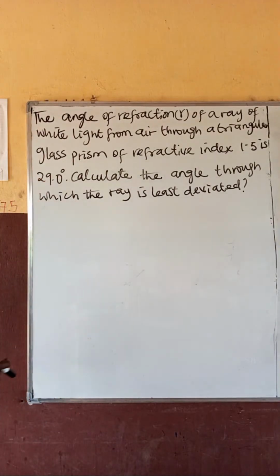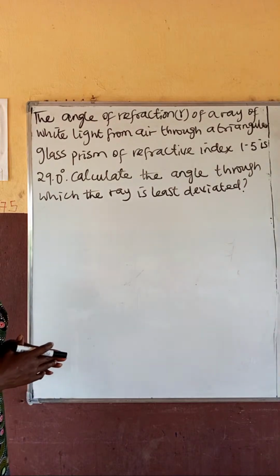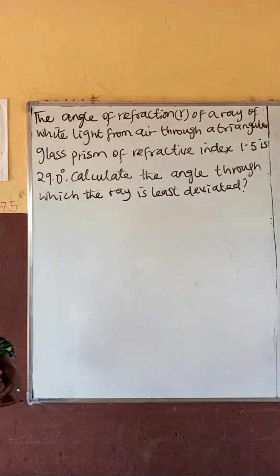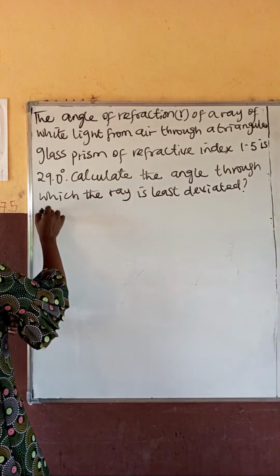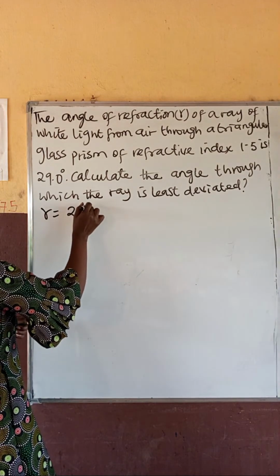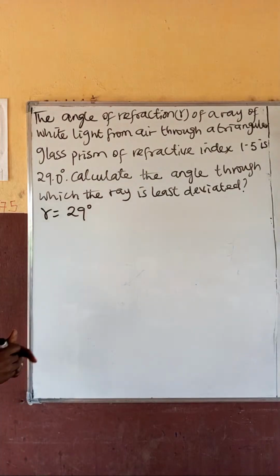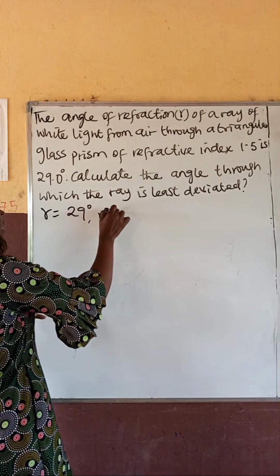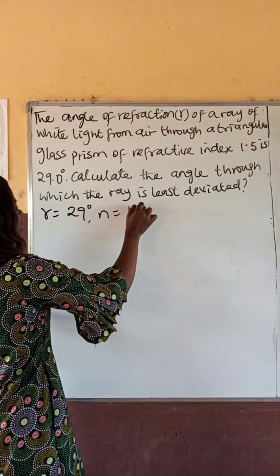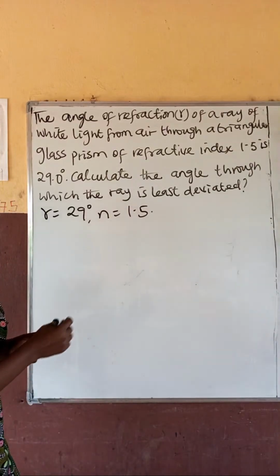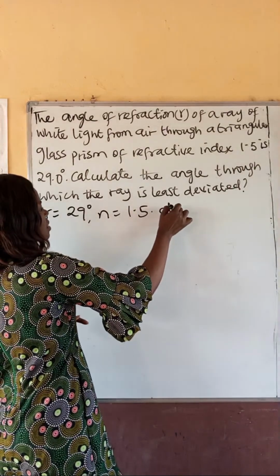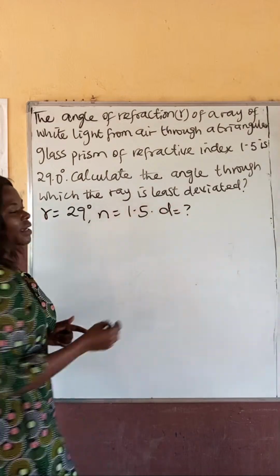Calculate the angle through which the ray is least deviated. Now, what do I mean by that? They are giving us the angle of refraction R to be 29 degrees, and the refractive index N to be 1.5, and we have to find the angle of deviation, right?